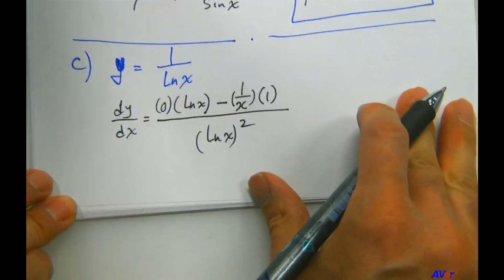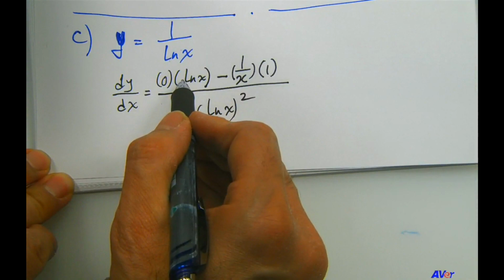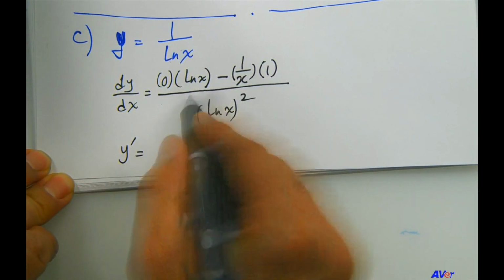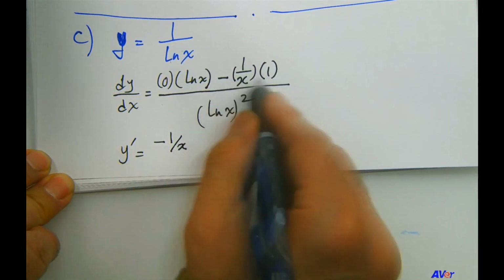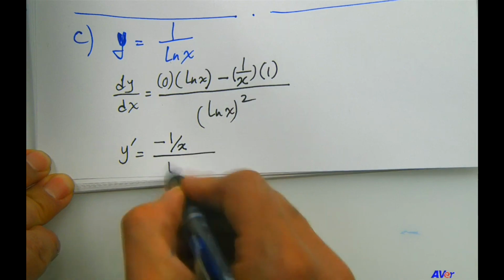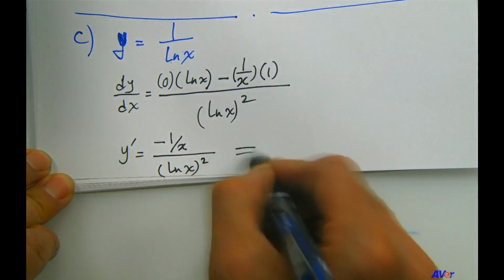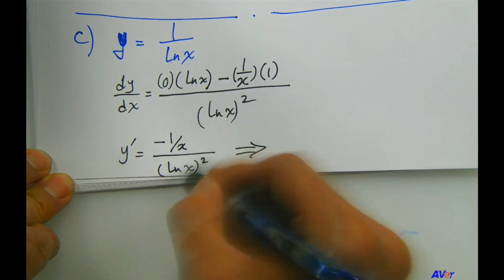Okay, so let's simplify this. That's, of course, 0. So we end up with y prime equals negative 1 over x, divided by natural log of x squared. And then we can simplify this a little bit because this is a complex fraction.